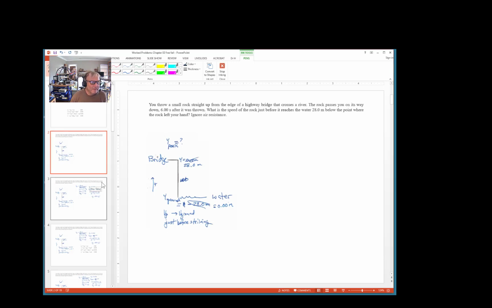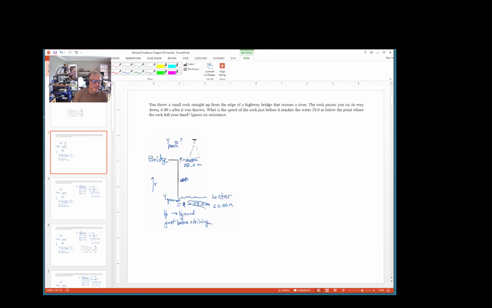So, as I said, draw a picture, label what you can. I changed this; I believe it's different than class. I'm making this 0 and this the height of the bridge, and then there's some place where the rock goes up and then it comes back down.